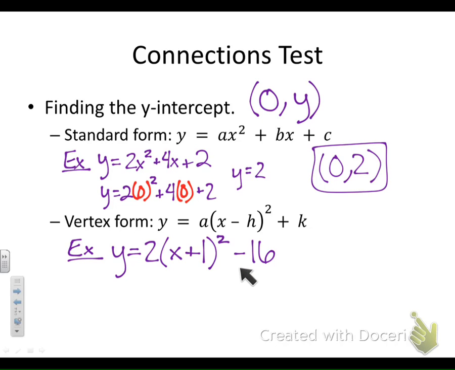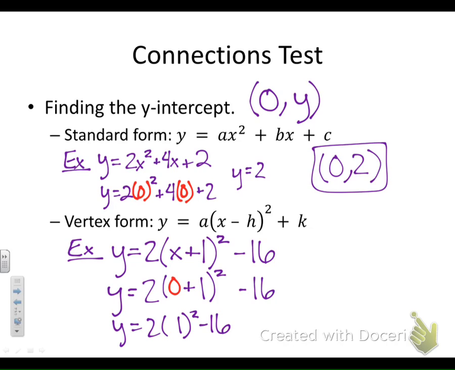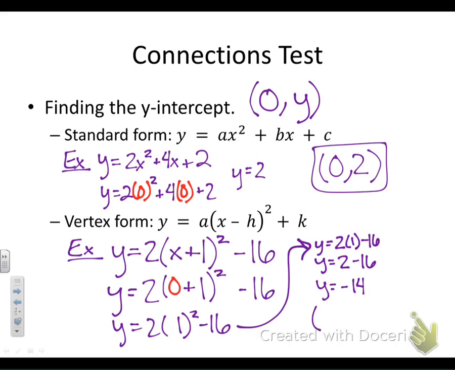Using the previous example, finding the y-intercept of this type of problem, I still plug in a 0 for the x-coordinate. I do parentheses, then exponents, multiplication, subtraction. But my answer is a point.